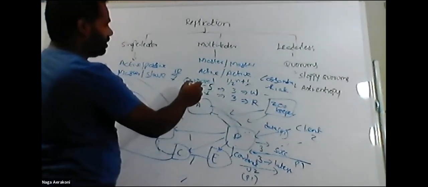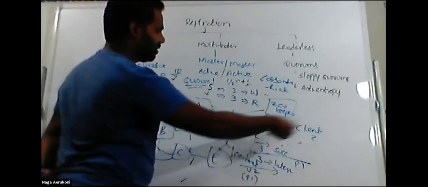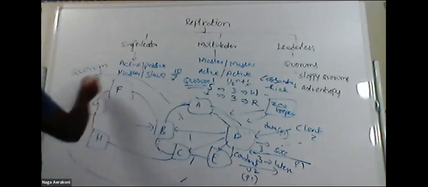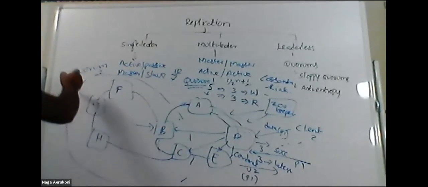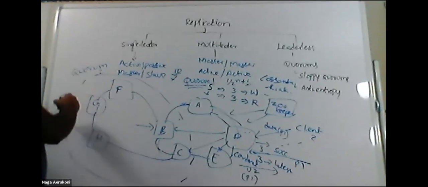So quorum 1 will be the quorum for writes coming from a certain number of clients, and this other set of servers could handle another set of clients or some other part of data.